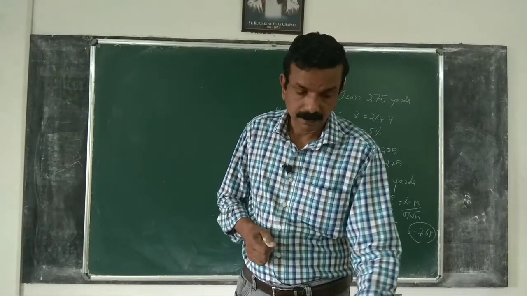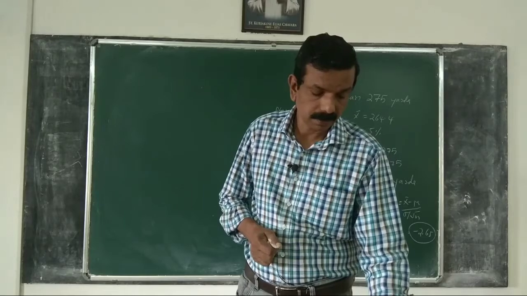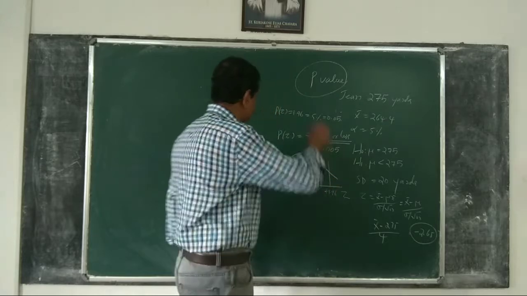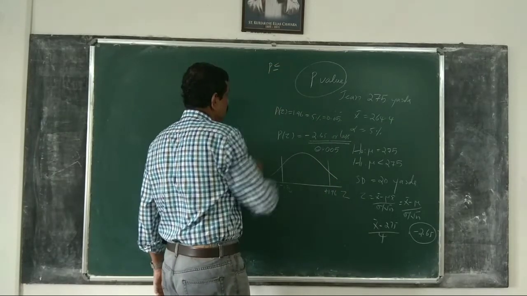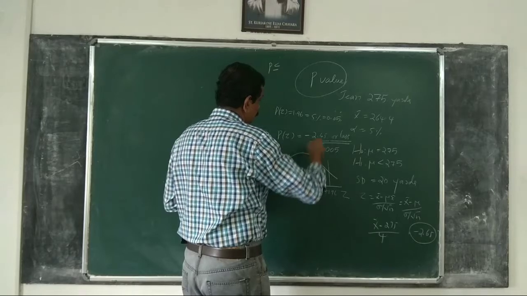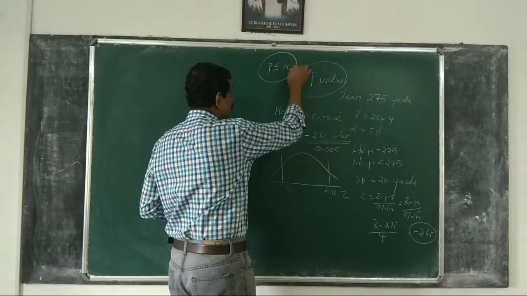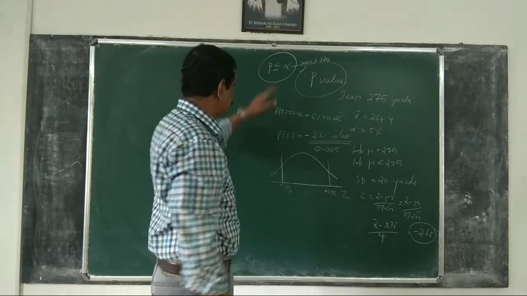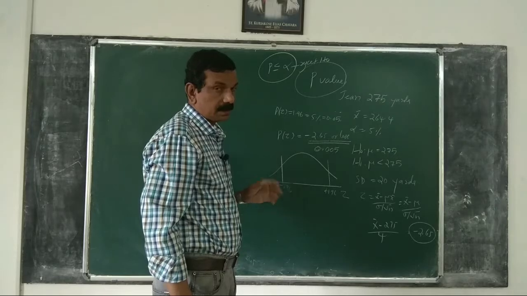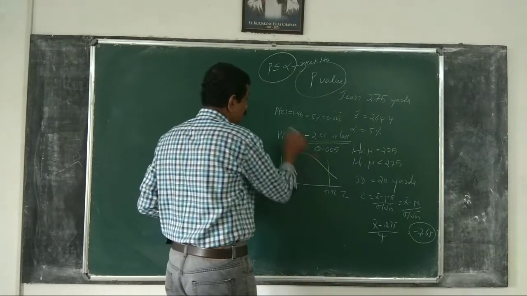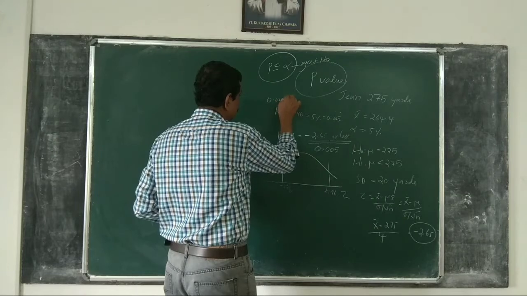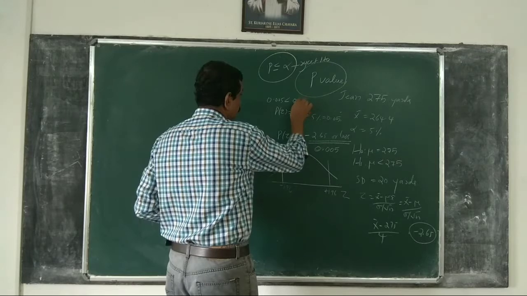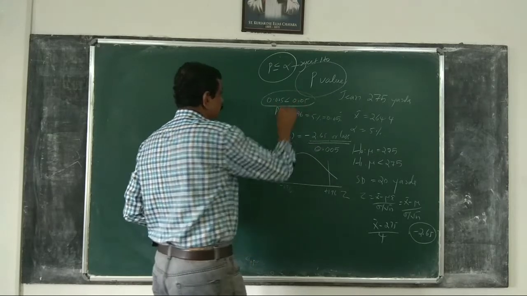And the decision is, if the p-value is less than or equal to the significance level alpha, then reject H0. Alpha is the level of significance. In our case, p is equal to 0.004, which is less than 0.05. Then we reject H0.